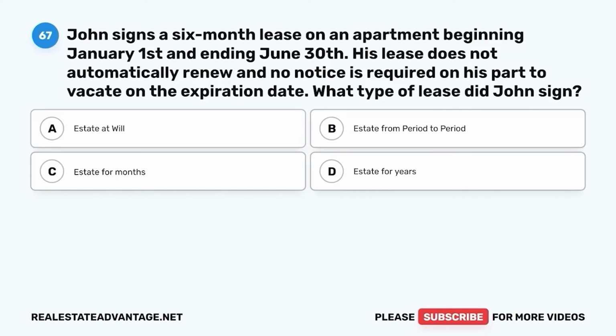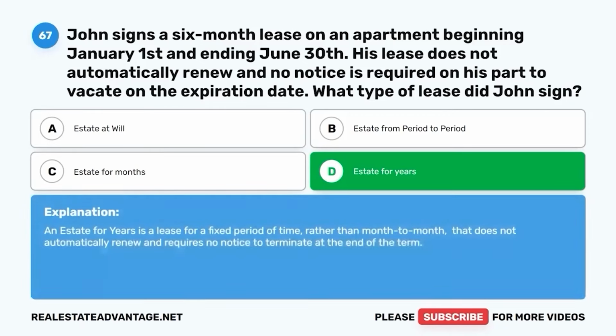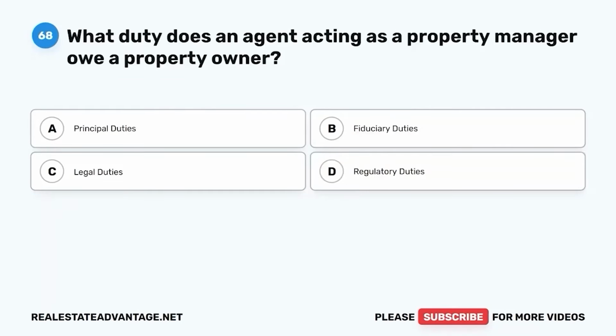D. Estate for years. The correct answer is D. Estate for years. An estate for years is a lease for a fixed period of time, rather than month to month, that does not automatically renew and requires no notice to terminate at the end of the term. Question 68. What duty does an agent acting as a property manager owe a property owner?